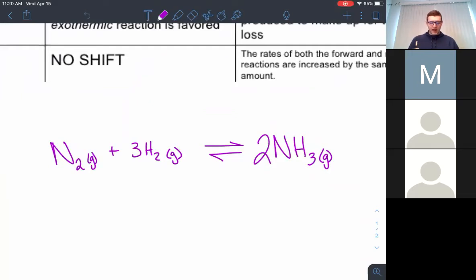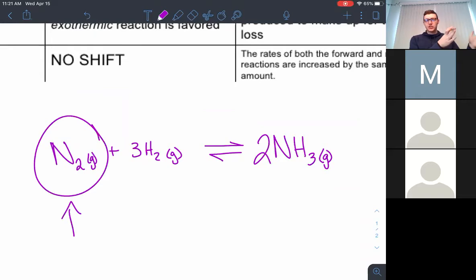So the first one that we can talk about is if I took N2 and I added more nitrogen to my reaction. So I increased the amount of nitrogen that I have. If we were at equilibrium, we want that equilibrium to stay the same, which means that if I increase the amount of reactant I have, my reaction is going to shift or move to the right.